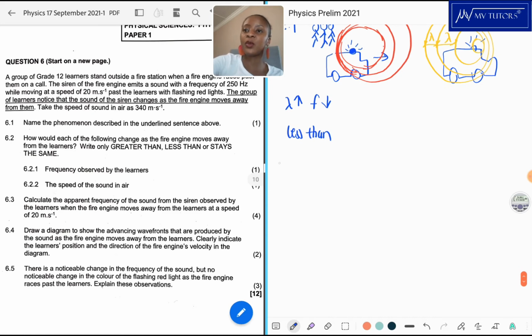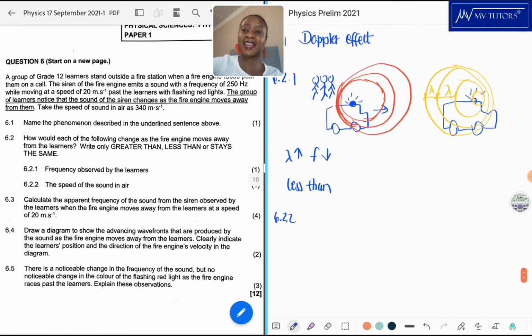Then when we get to 6.2.2, the speed of the sound in the air. Guys, you have air here, you have air there, air everywhere, which is the same. So that will actually stay the same.